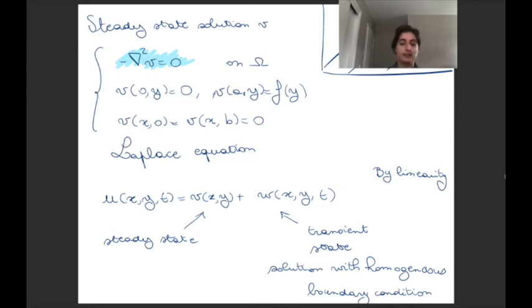And by linearity, we know that the full solution is the sum of the steady state plus the transient state. But the transient state itself will be really not that straightforward to actually build. And the transient state will have homogeneous boundary conditions.